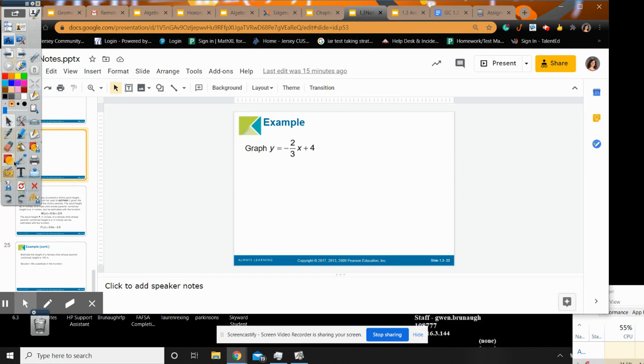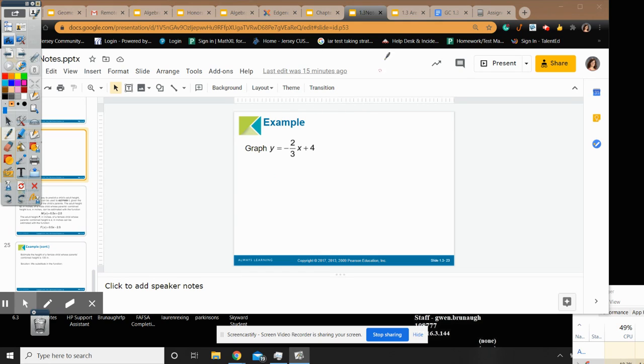We're getting close. If you're going to graph y equals negative 2/3 x plus 4, it's not wrong to check your calculator, but this is already in slope-intercept form. Slope-intercept form is really easy for you because you're going to start with your y-intercept, which is 4. So you'll go up 4, and then you'll put your point. From your point, you'll do your slope.